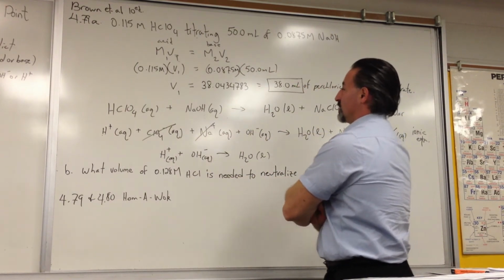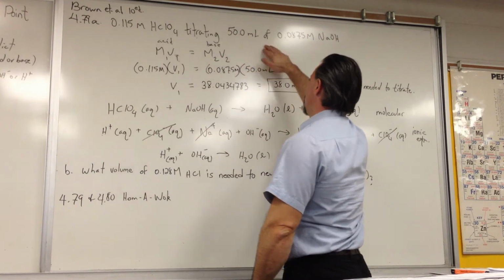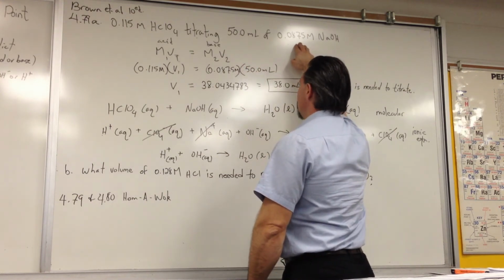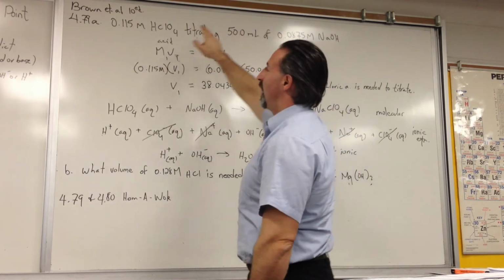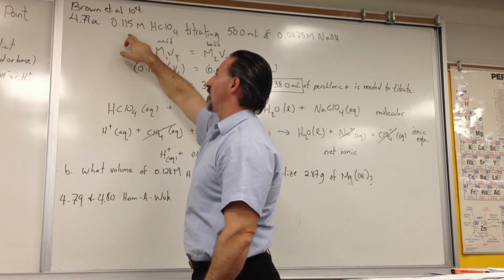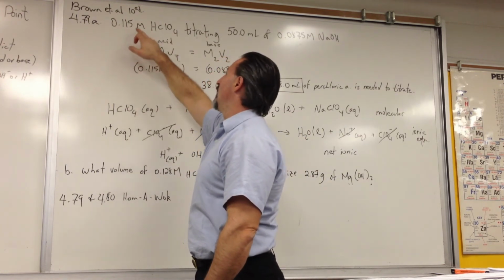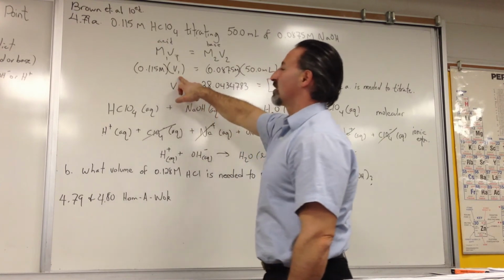Maybe I should refer you to the question. You're titrating this sample, a 50 ml sample of 0.0875 molar sodium hydroxide, and your titrant is 0.115 molar perchloric acid. How many mLs of perchloric acid are going to be necessary?